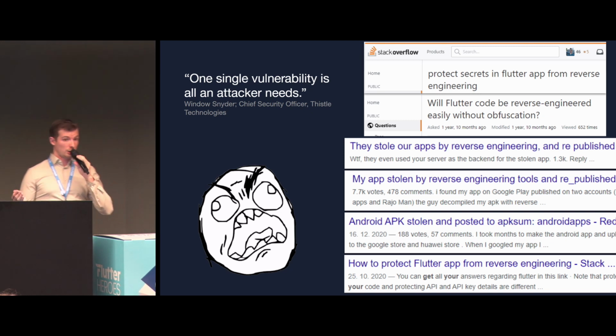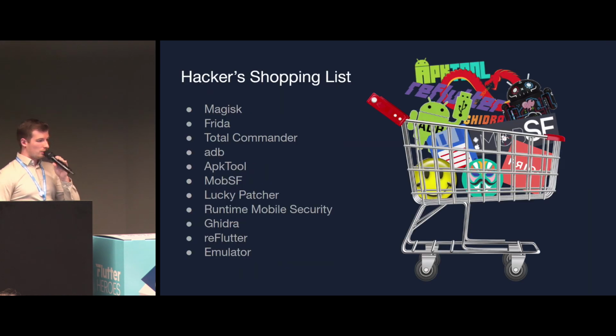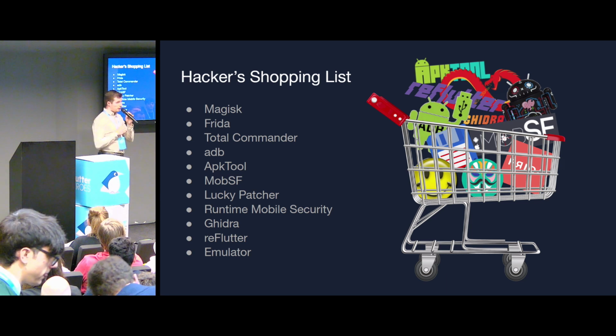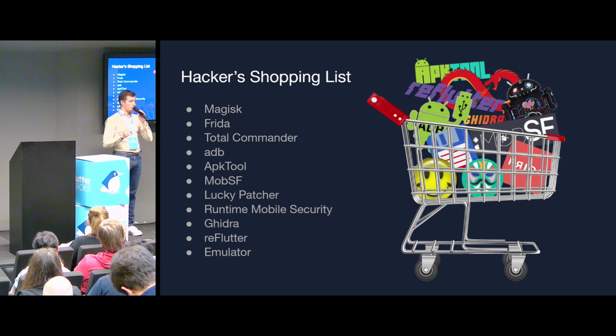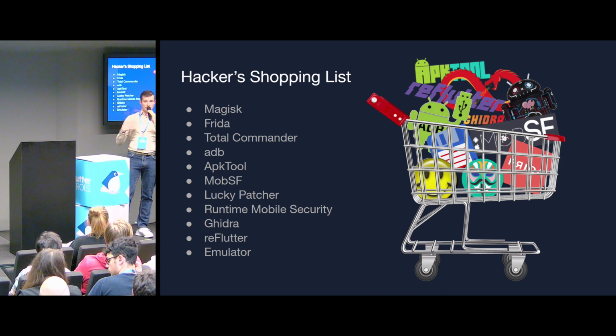So to show you how to hack, I first need you to learn the most common tools which are used by reverse engineers. I prepared something I like to call a shopping list, and this is a list of applications and toolkits which are used by hackers to achieve their needs. The first one at the top is Magisk.